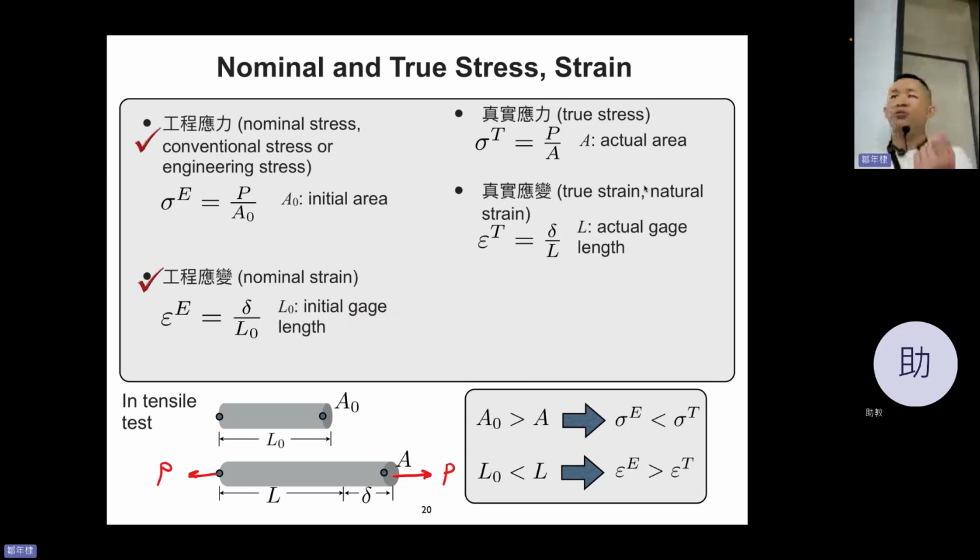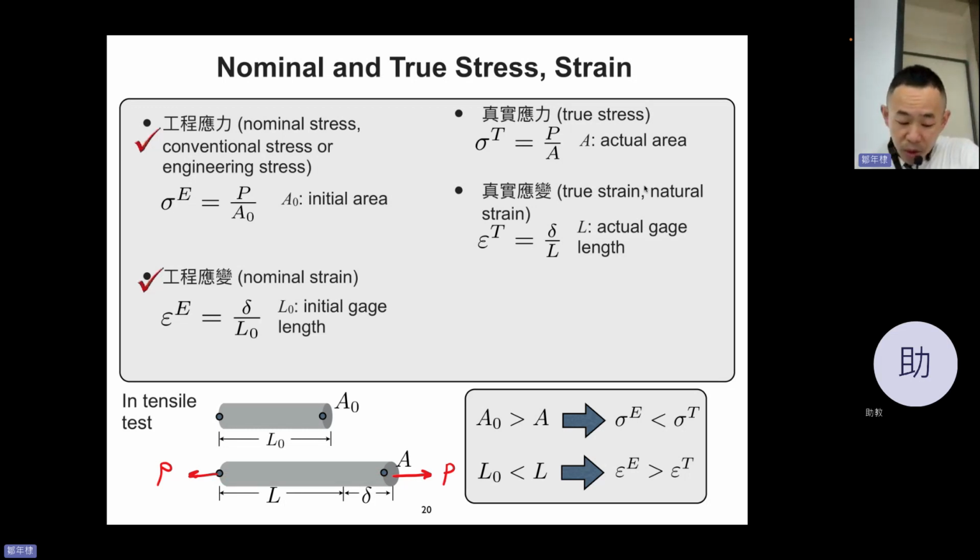A gauge is a small device that you can stick on the bar, or on the material, and then you can measure the strain or the elongation on the material surface. When you attach this gauge, the gauge will tell you L-naught, and what L is, which is L plus delta.